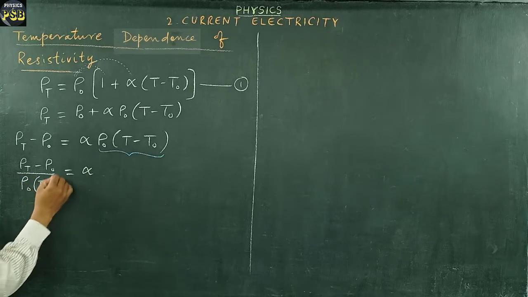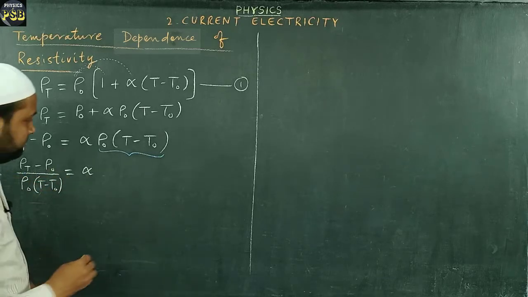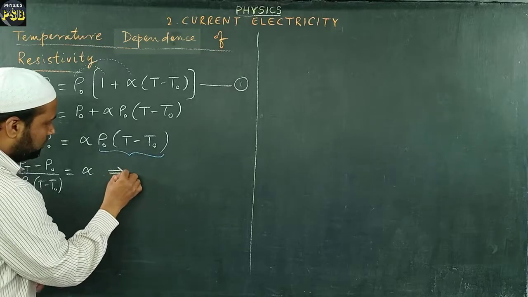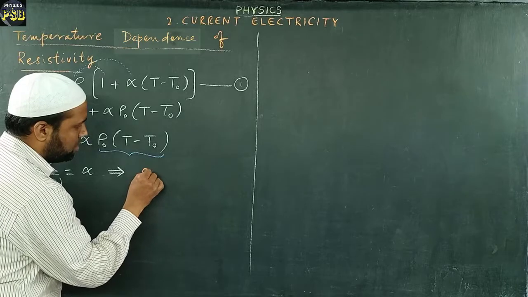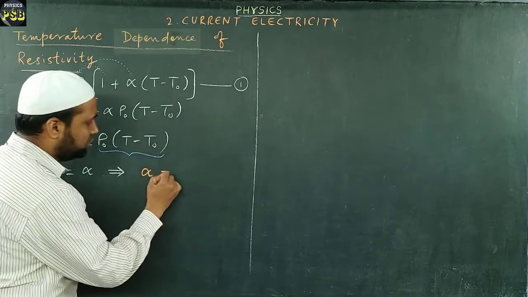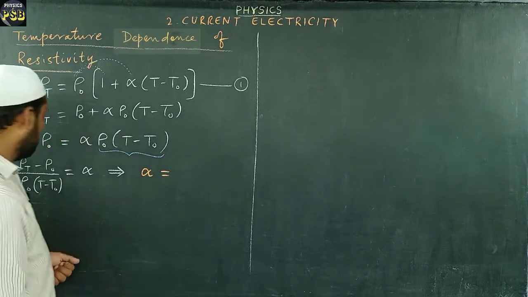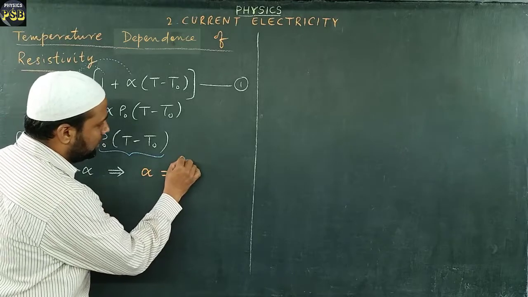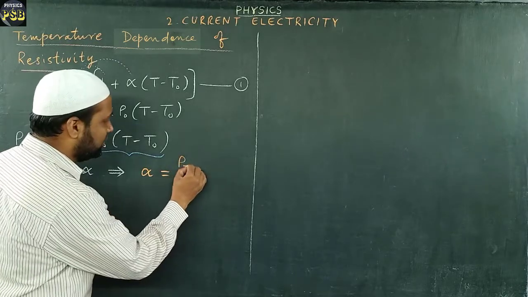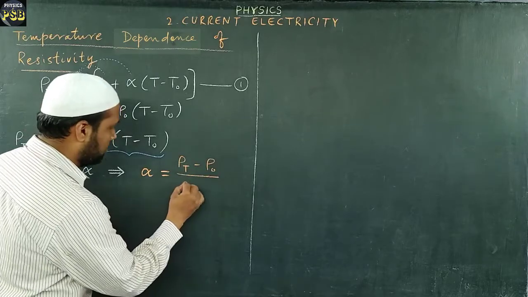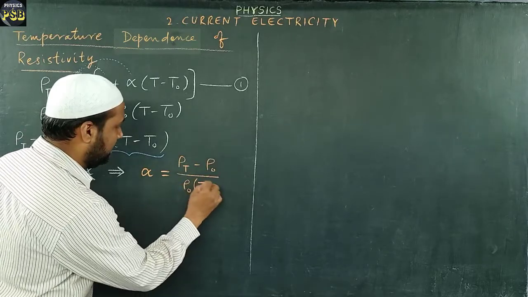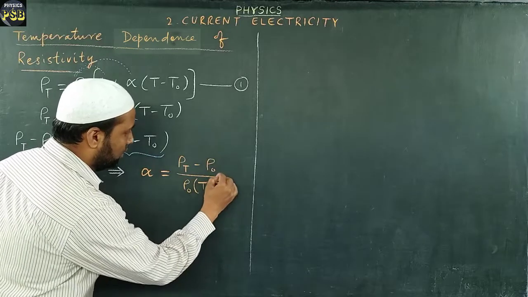Now I rearrange it. So it gives me the expression for alpha, which is nothing but temperature coefficient of resistivity, over rho naught into T minus T naught.